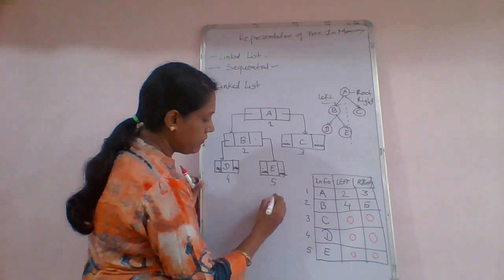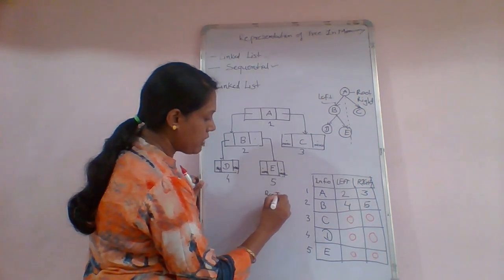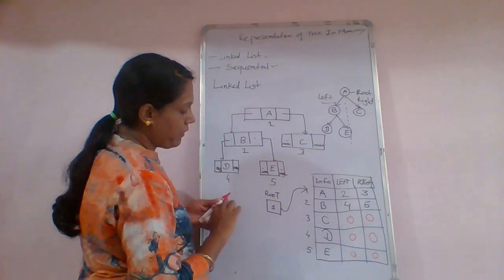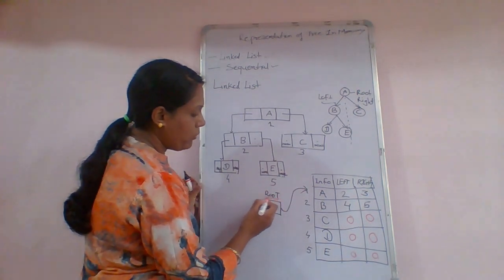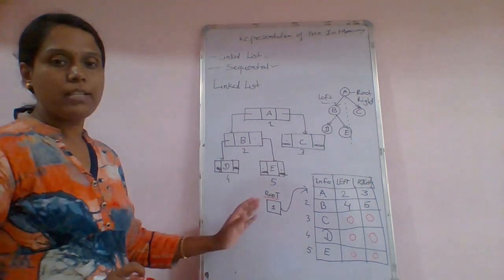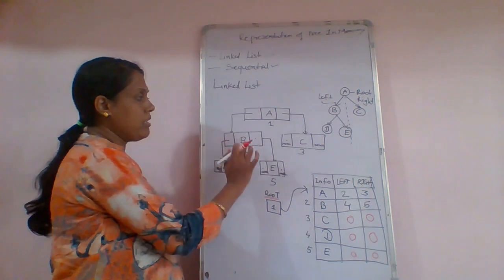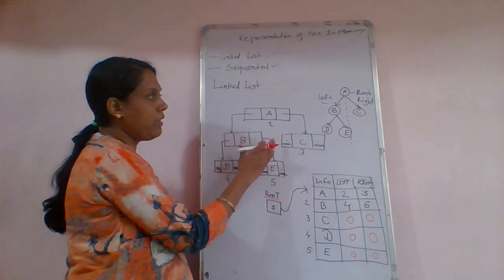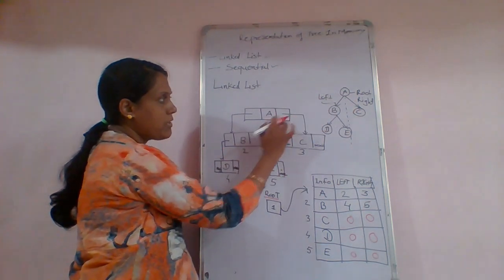Now there is the 1, the root. That is the starting point, and it will point to A. It is the root, the starting point of your tree diagram. So how is the tree represented in memory? Using a linked list, the tree is first converted into linked list form. A is first.